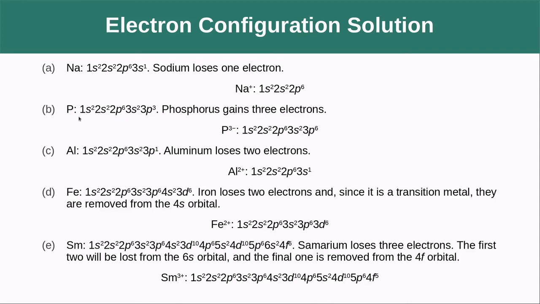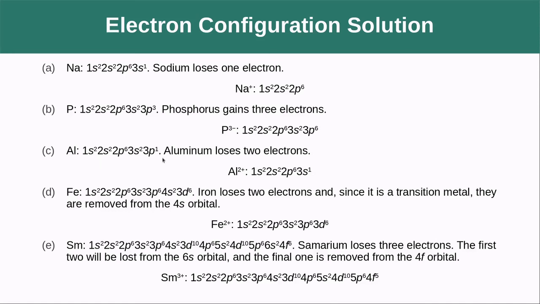Phosphorus is another main group one. If it gains 3 electrons, it's going to go into this 3p orbital right here, and we wind up having 3p6 to indicate the 3 gained electrons.